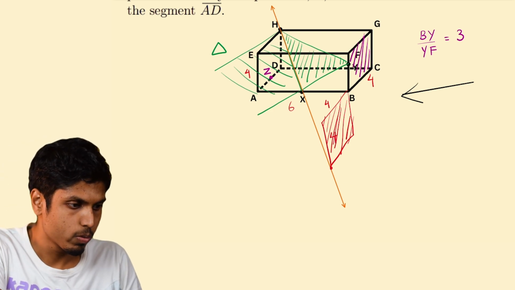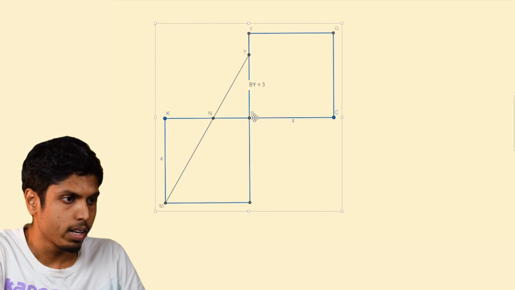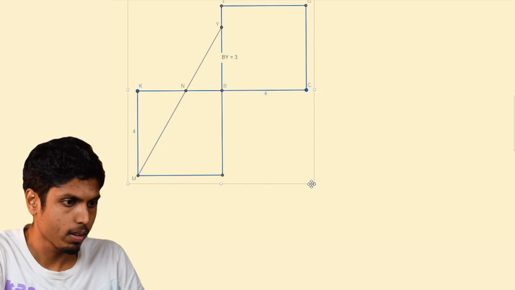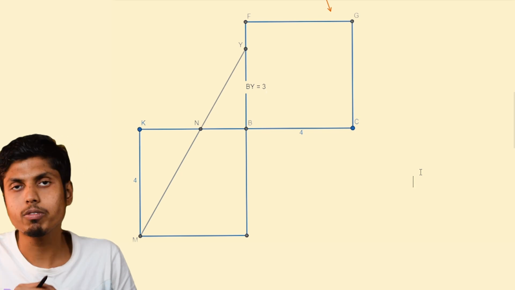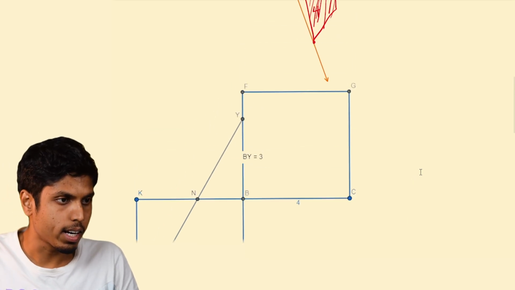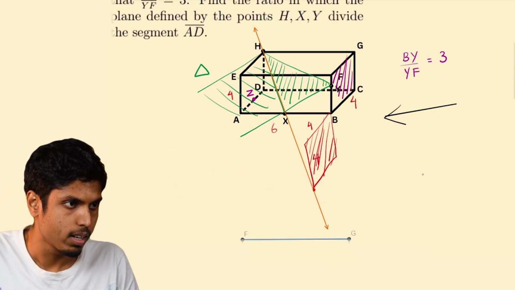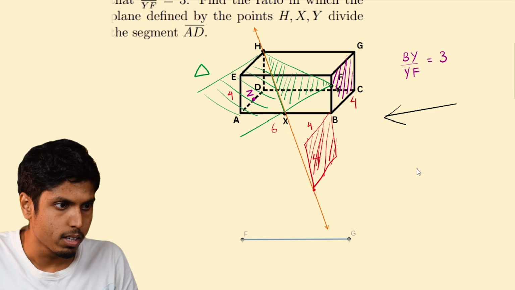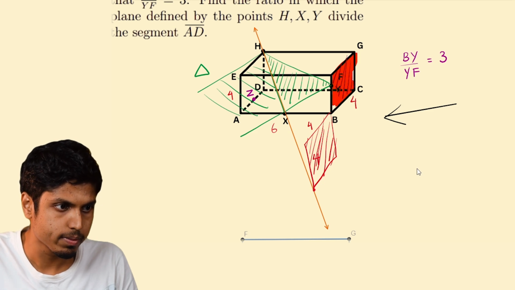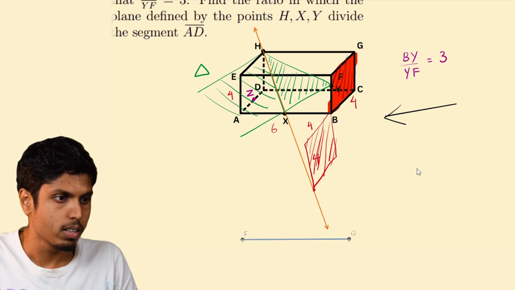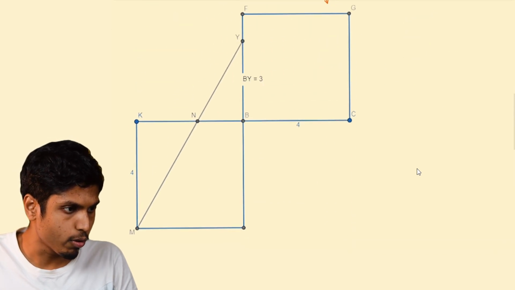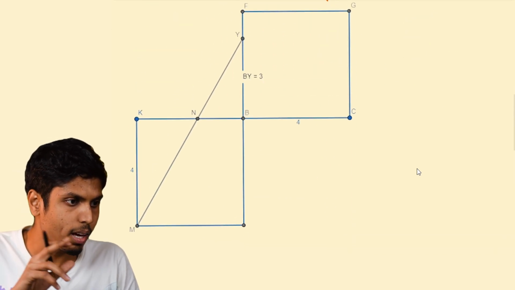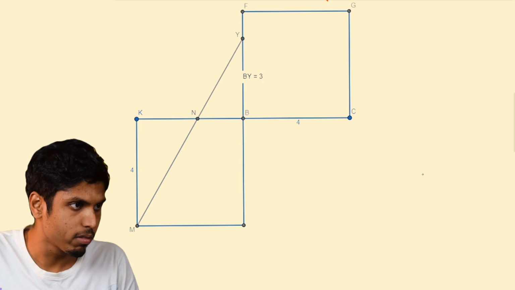So let's move to the side view. Here is the side view, having the face BCGF of the cuboid, and that is this face. As you can see, BCGF is this face. So I'm just replicating that in the diagram below. And followed by we have MKB and some unnamed vertex.